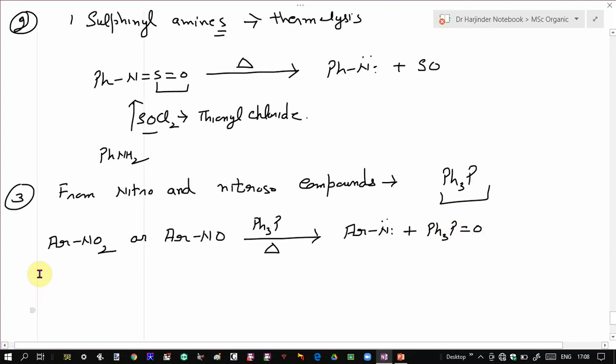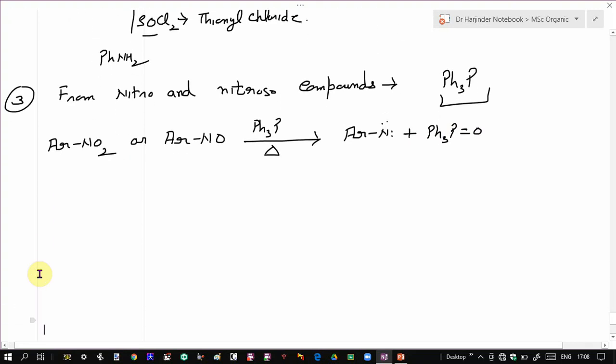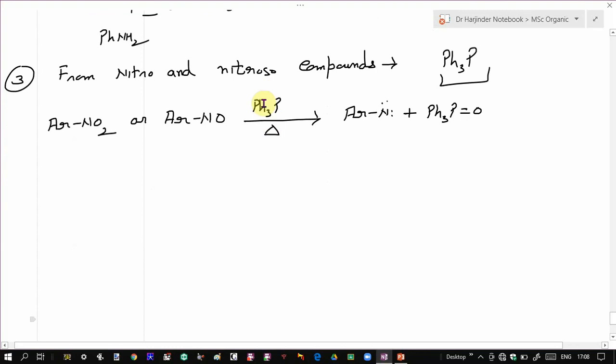So I can write its mechanism also. Let's see the mechanism of deoxygenation of these nitro and nitroso compounds in presence of triphenyl phosphine. This is your aryl nitro compound and it reacts with triphenyl phosphine. The positive charge on this nitrogen withdraws electrons from this oxygen, and this oxygen becomes electron deficient.